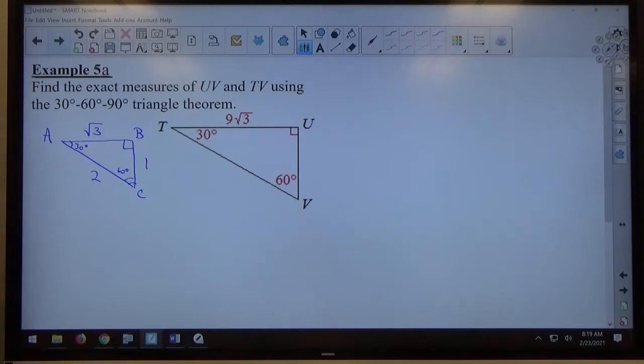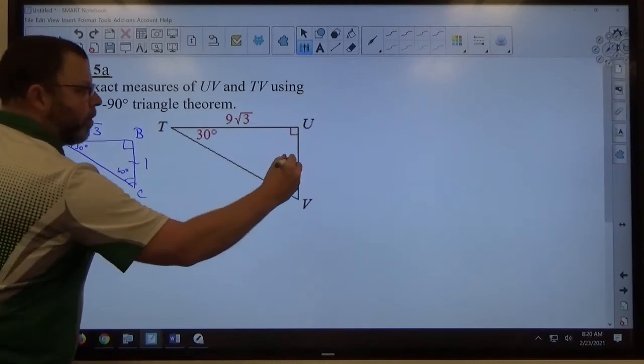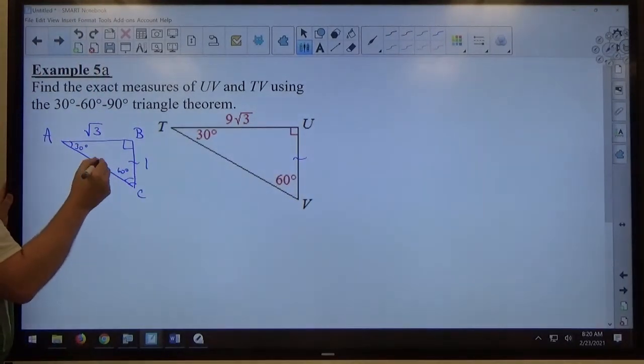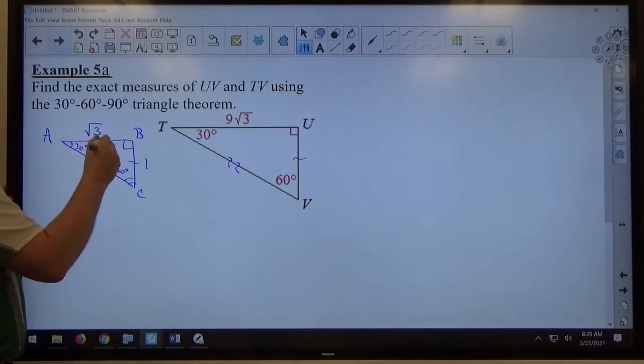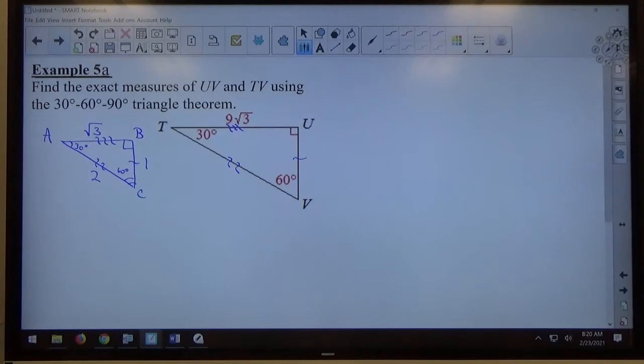All right. Once you establish those three sides, and again, I've drawn the orientation the same way, this side, BC, corresponds to UV, and AC is going to correspond to TV, and AB is going to correspond to TU. So if you draw the orientation the same way, all the corresponding pieces are lined up nicely.